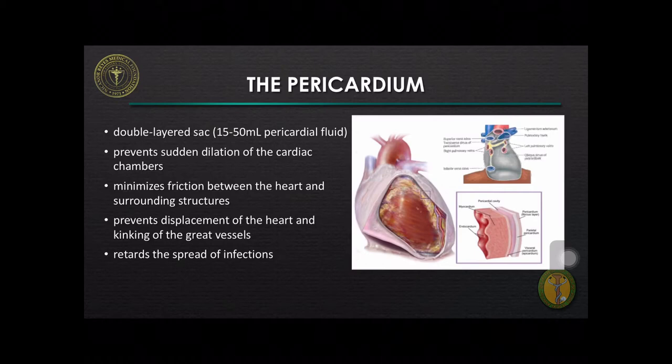The pericardial sac has two layers, a serous, also called the visceral, and a fibrous, which includes the parietal pericardium. It encloses the pericardial cavity, which contains around 15 to 50 ml of pericardial fluid.